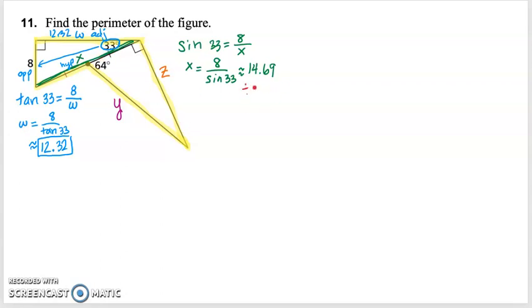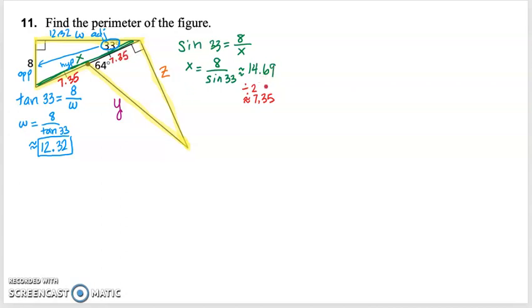So if I divide 14.69 by 2, I get about 7.35. If I'm sticking with hundredths places, then that's what that's roughly going to be. So it's about 7.35. So this part here is about 7.35, and this part right here is also about 7.35.